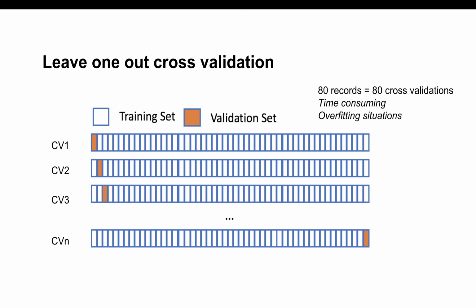You literally have to iterate through each of these records and make sure that your validation set includes each and every record. So automatically it becomes time consuming, and it will also cause overfitting situations by default. I hope you understand, because you have watched my previous videos as well.